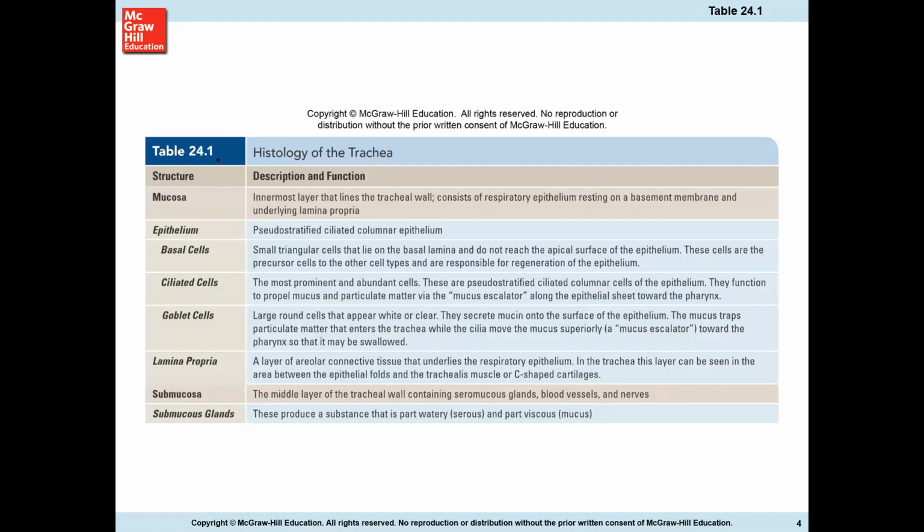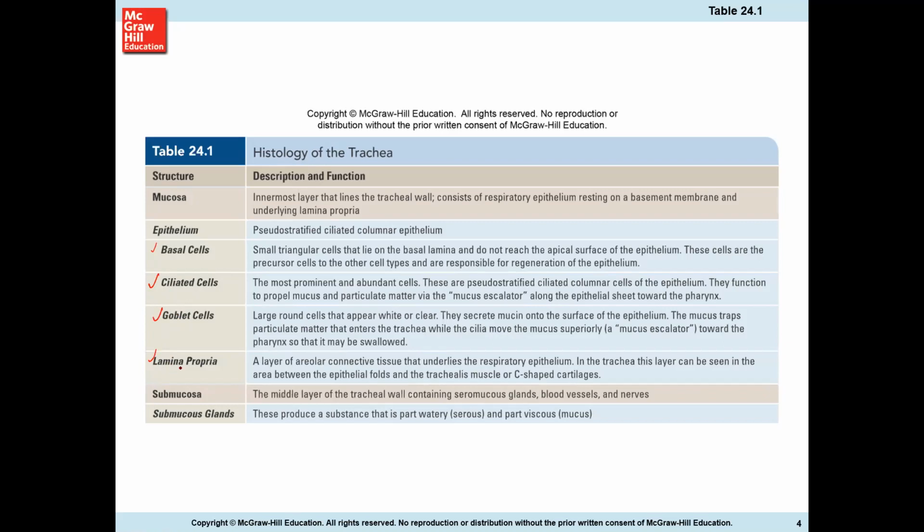So these are always good. Before you go into a test, just take a look at these and see what the functions are. You know, basal cells, mostly for structure, and ciliated cells like the pseudostratified columnar. And goblet cells produce mucus. Lamina propria is more structure, connective tissue, right?